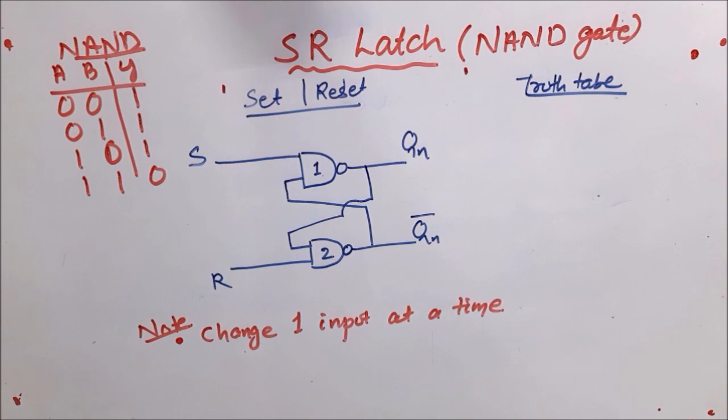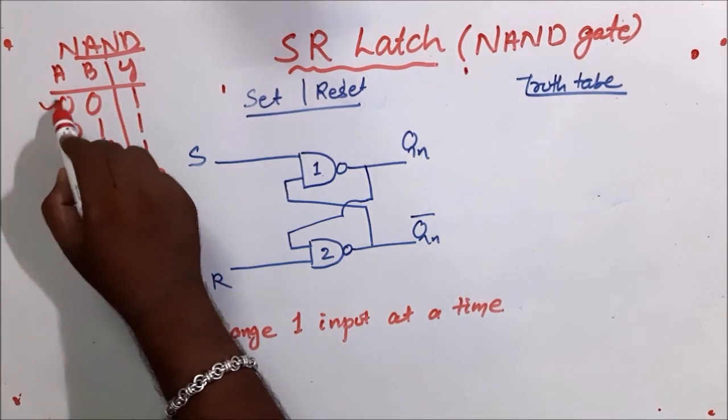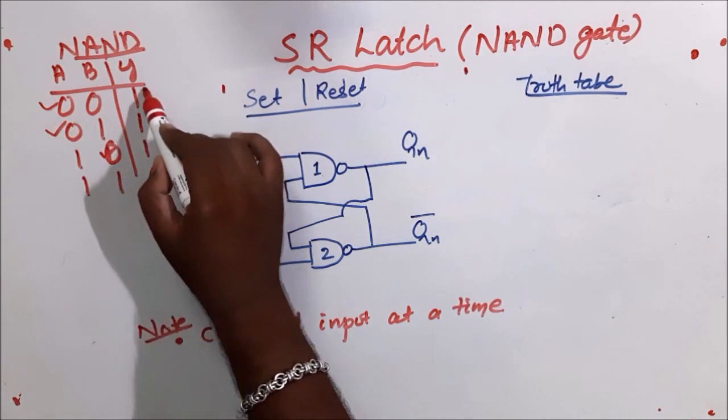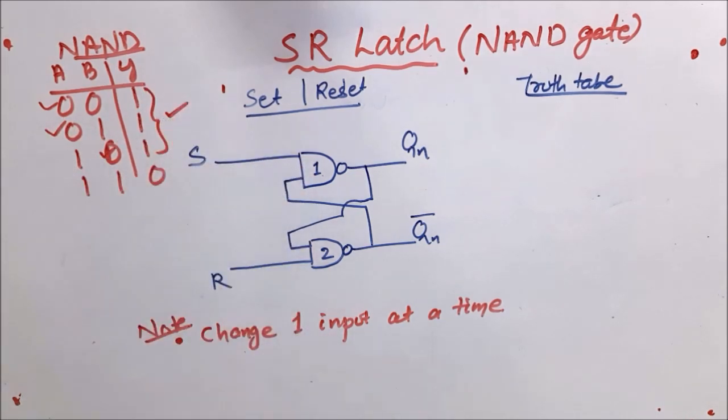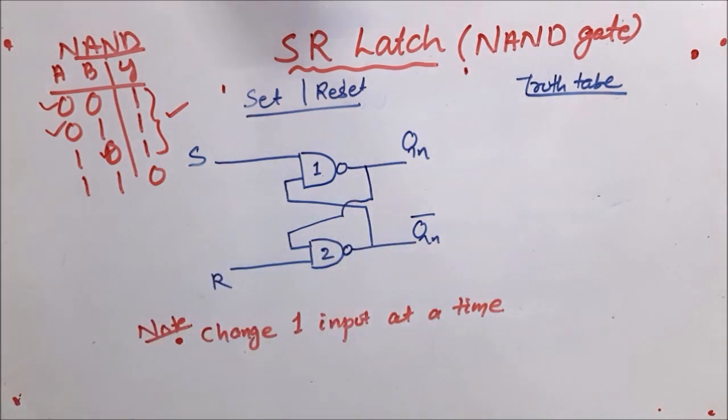From this truth table I can see that if you have at least one 0 in the input, irrespective of the other input, the output will go high.